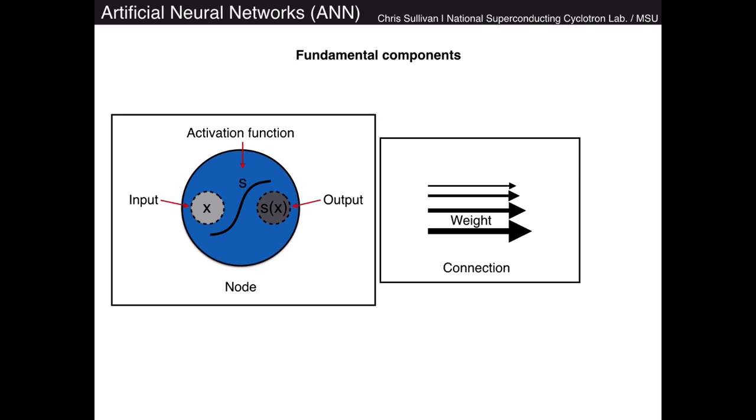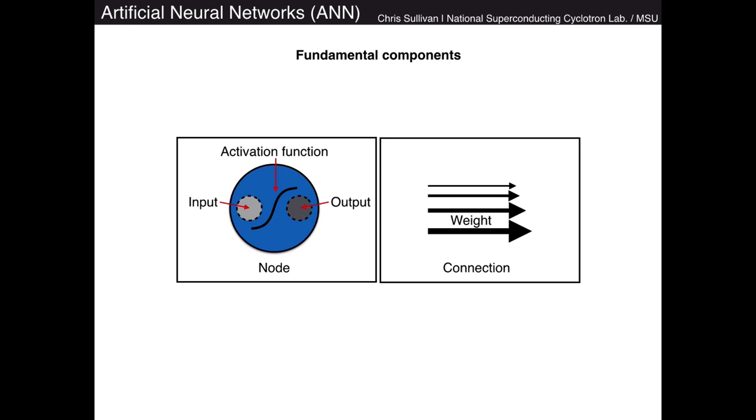But for some values of the input, some more negative values, your neuron does not fire. The output might be 0, and for other values of the input, it does fire, and you might get some kind of output such as 1. Whatever the result of that operation is, it is stored in the output.